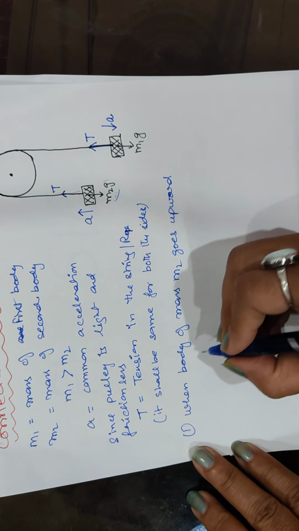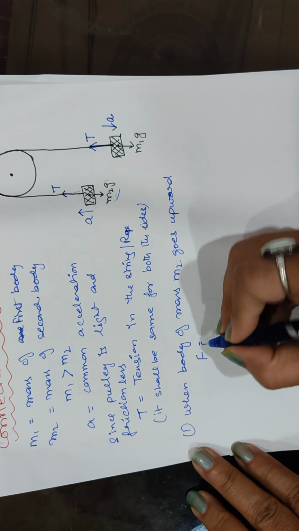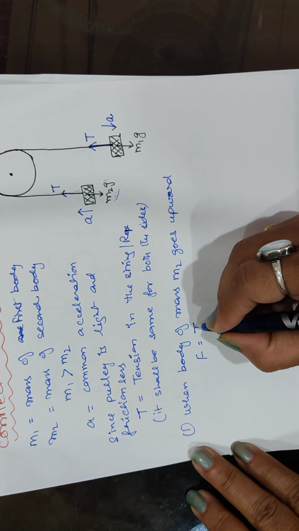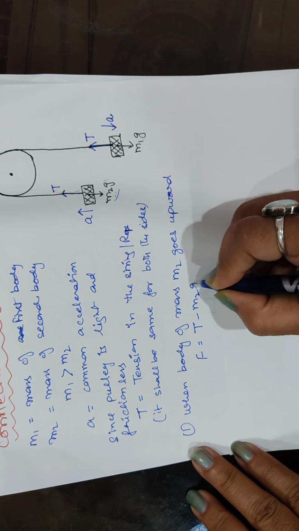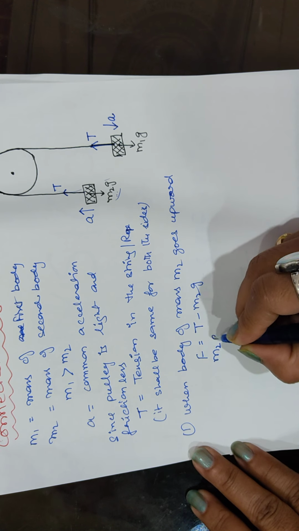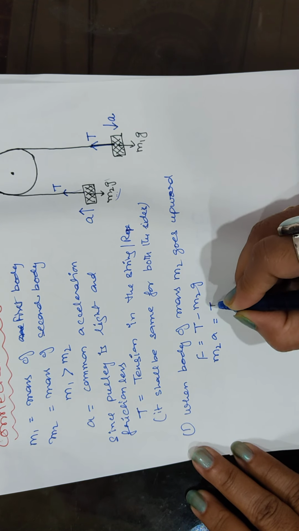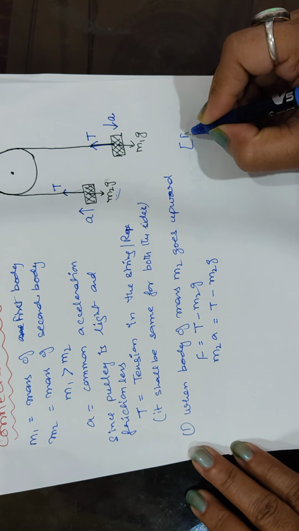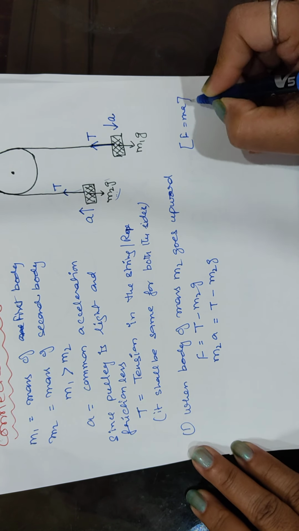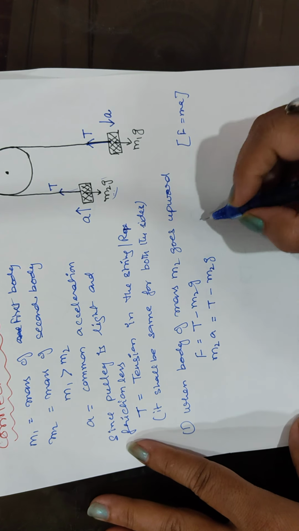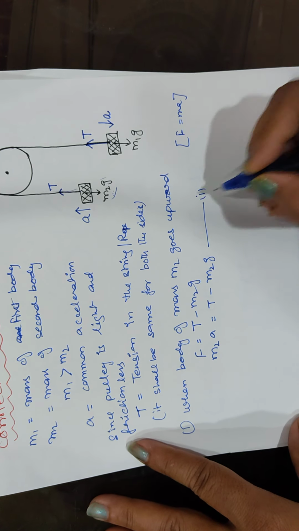So what are the forces acting on it? F is equal to T minus m2g, or you can write m2a is equal to T minus m2g. Here we are using F is equal to ma from the second law of motion. So you can write this as equation 1.